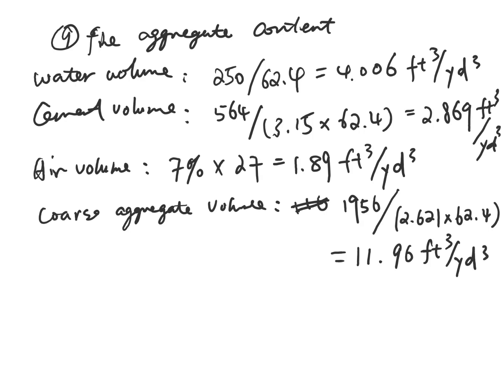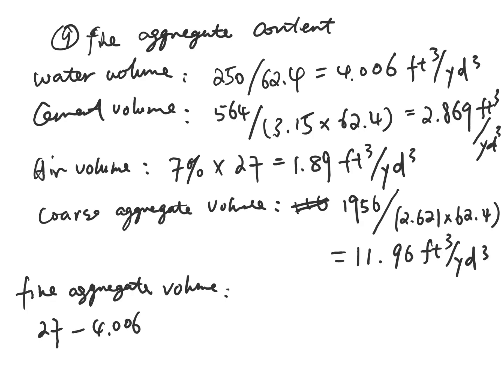And then finally, the fine aggregate volume should be 27 minus 4.006 minus 2.869 minus 1.89 minus 11.96.